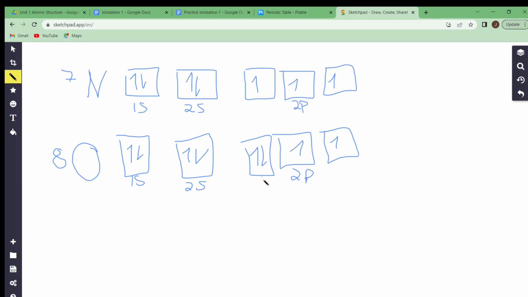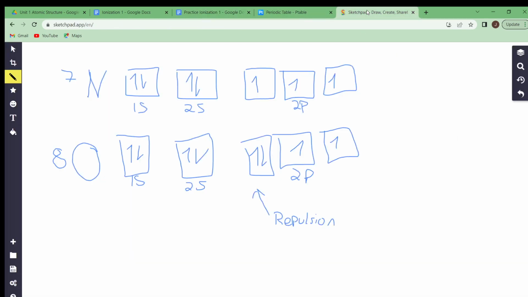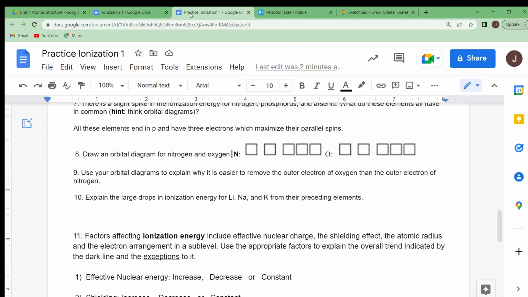Now, because this extra one is here, it has a little bit of repulsion. Okay? But I think this first question is just to draw it out here. So that's all that 8 is. Just drawing out our electron configuration would satisfy it.